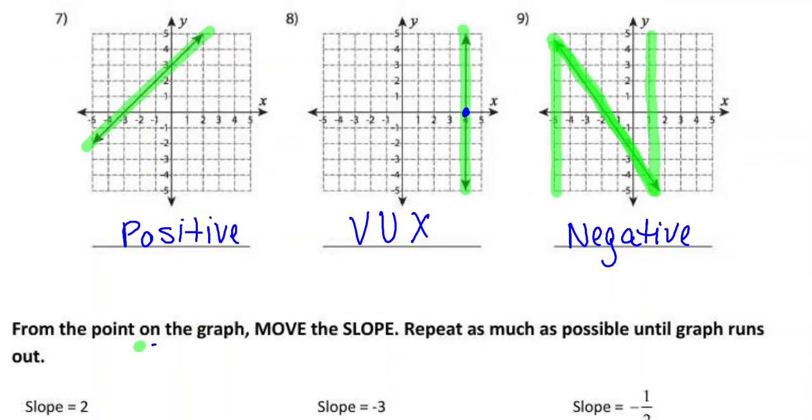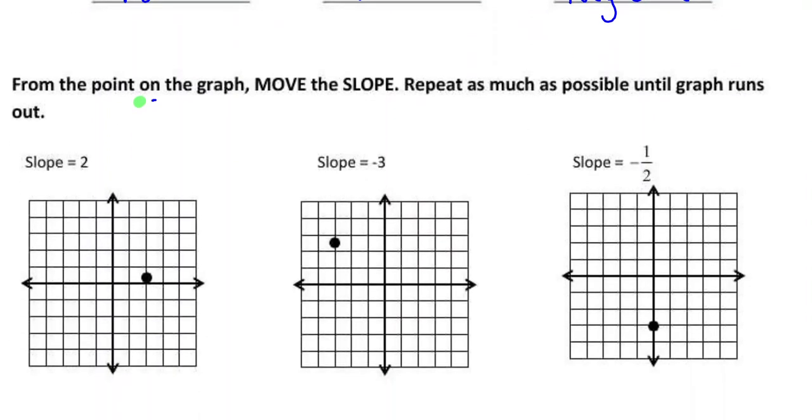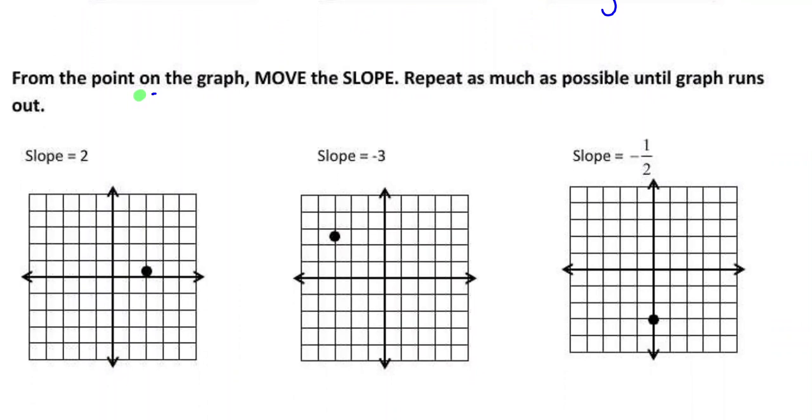All right, so let's talk more about that rise over run. It says from the point on the graph, move the slope and repeat as much as possible until the graph runs out. So we are going to do rise over run. Remember, lonely whole numbers go over 1.